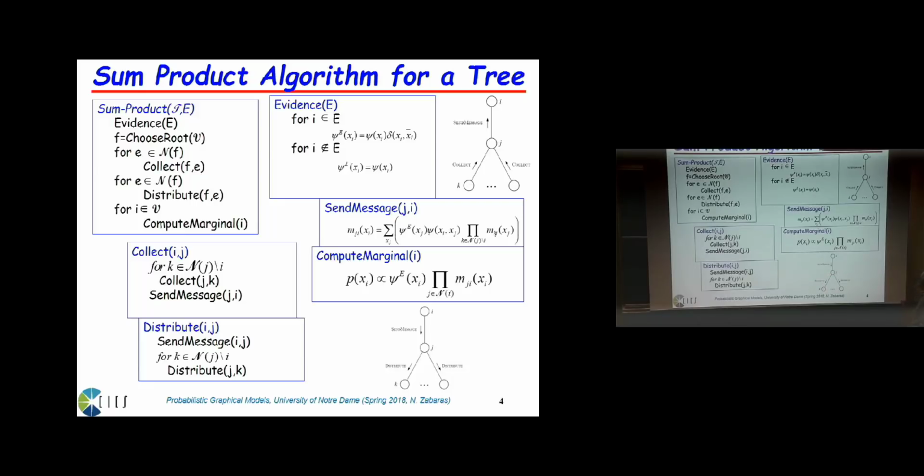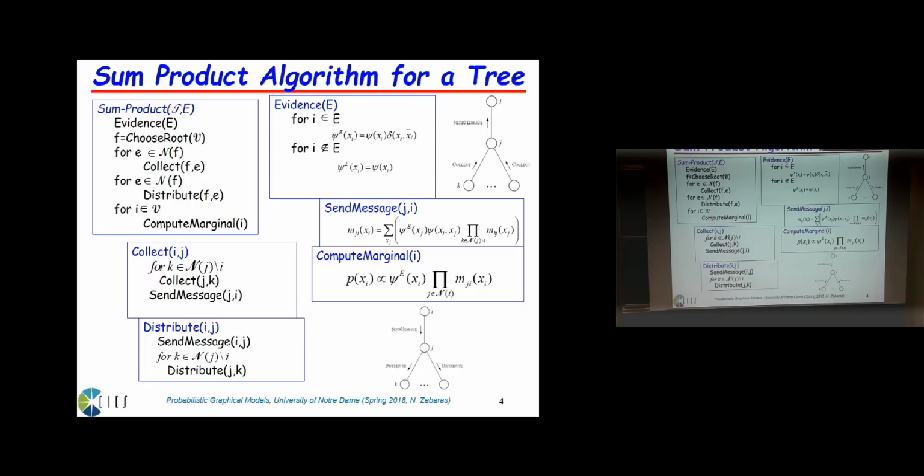Again, the propagation of messages follows exactly the same command that you see here, whether the messages go up or down. The only thing you have to keep in mind when you propagate a message from j to i, and you account for the incoming messages to j, is that you don't account for the message coming from i. So you're not going to send to i the message i sent you. This is fundamental to these message passing algorithms.